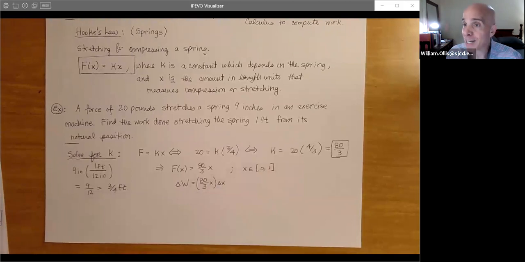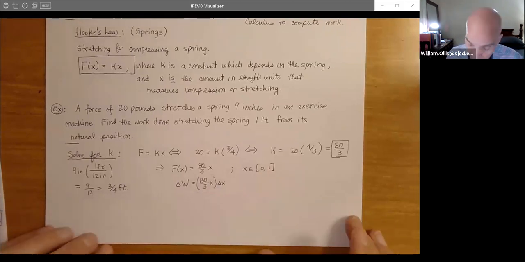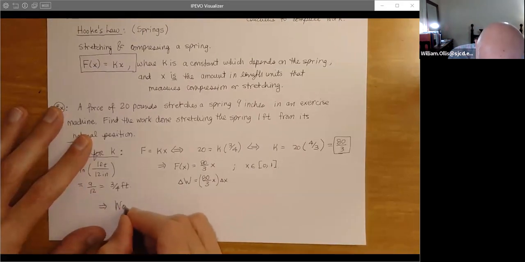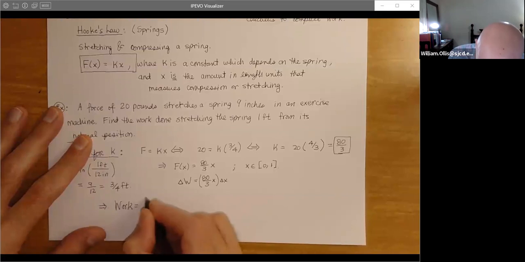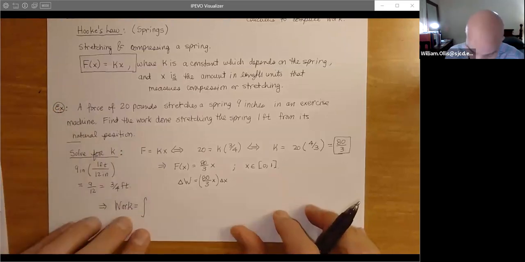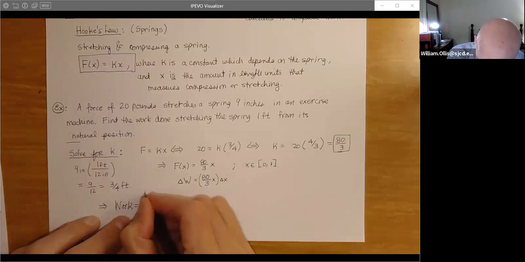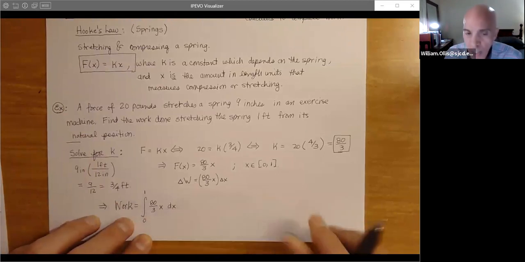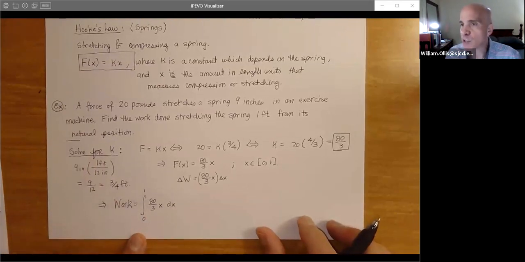So this would be per interval, and now we can sum over the entire interval with the integral. So this implies work equals the integral from 0 to 1, 80/3 x dx.